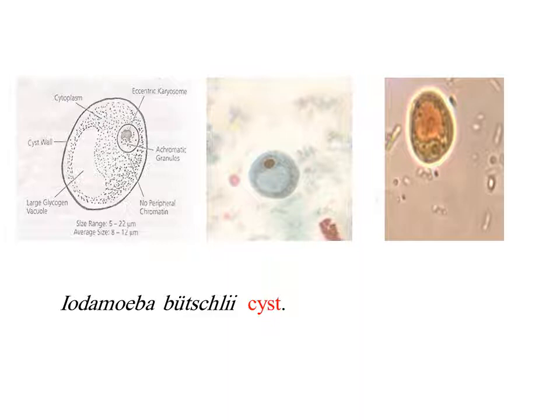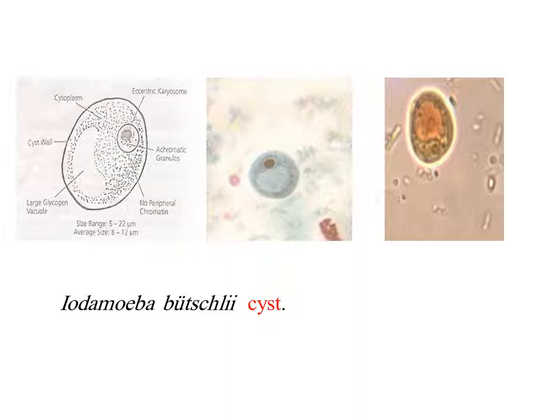At the left is a schematic representation of this stage, and in the middle and the right are stained preparations. In the schematic we can see granular cytoplasm, a large glycogen vacuole, the cyst wall, and an eccentric karyosome.